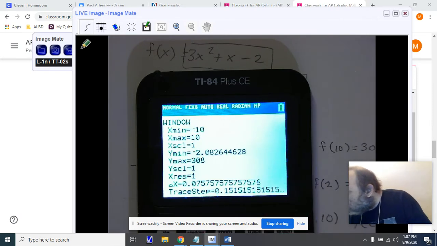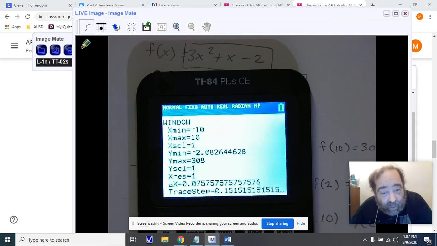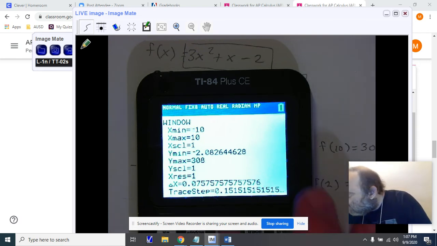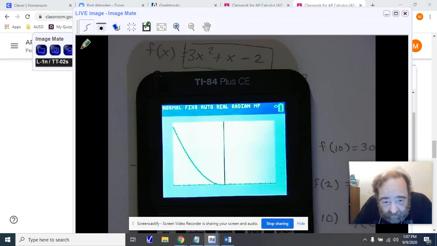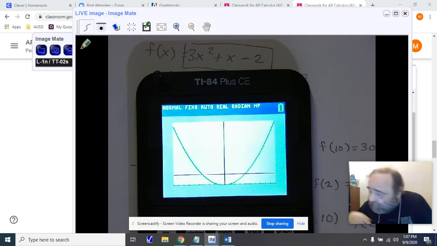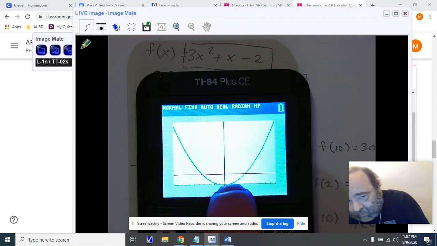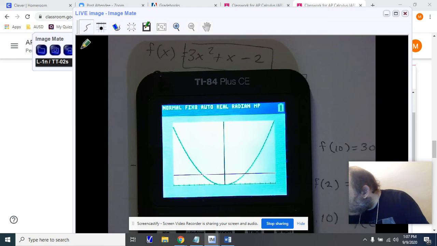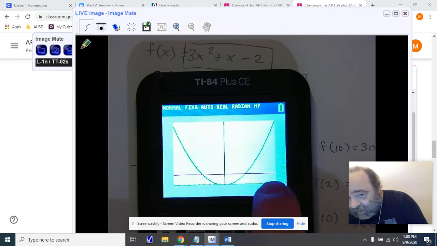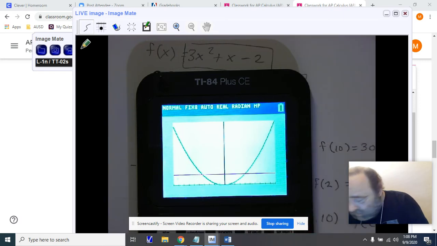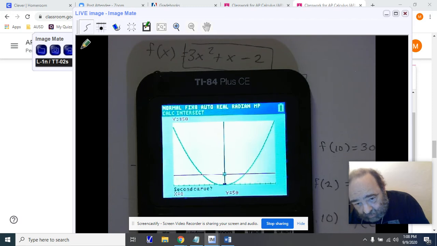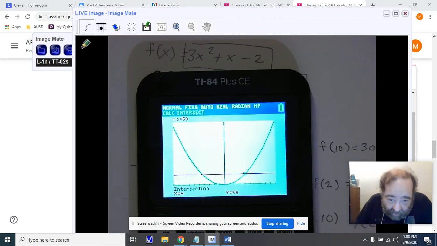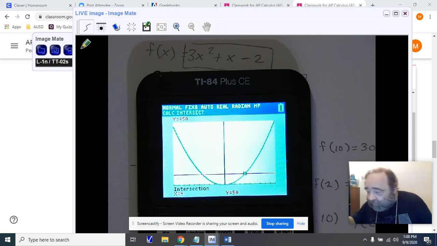For my window, I want to make sure that I have a reasonable graph, so I went negative 10 to 10, followed by zoom fit, and it gives me a graph that's reasonable. Now, since I'm only looking for 50, I don't need the x-intercepts, but what I do need is that line right there. So I'm now going to take the horizontal line, y equals 50, and find the intersection. Second, trace, 5. Enter, enter, enter. And I end up having x equals 4.